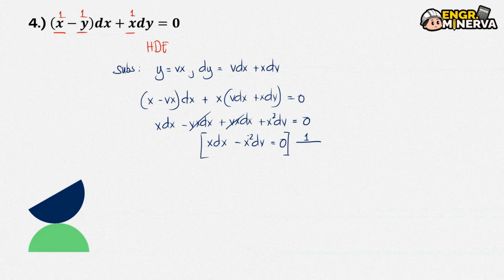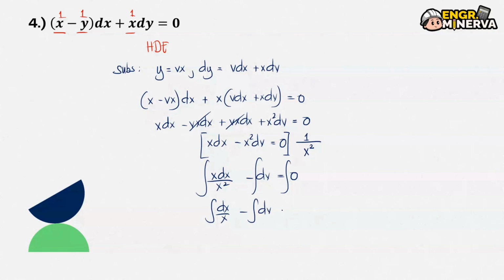For dv, we only need the v as its variable and the coefficient, so we will divide by x squared. Our resulting term would be dx over x plus dv equals 0. And we integrate. Then we are left with the integral of dx over x plus the integral of dv equals the integral of 0. And eventually, our answer would be ln of x plus v equals c.